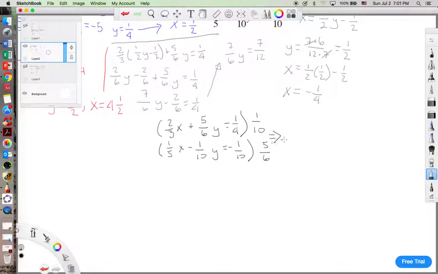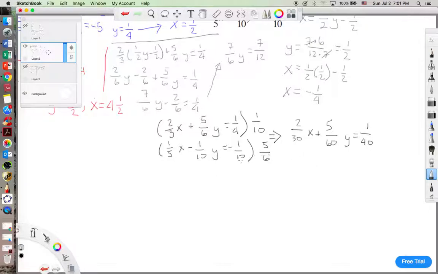We get 1 times 2 is 2, 10 times 3 is 30, 2/30 x. 1 times 5 is 5, 10 times 6 is 60, 5/60 y, and we get 1/40 over here. Okay, not really pretty, but not impossible by any means.